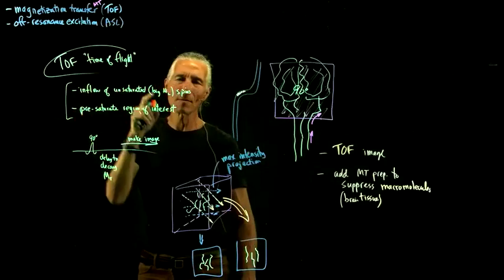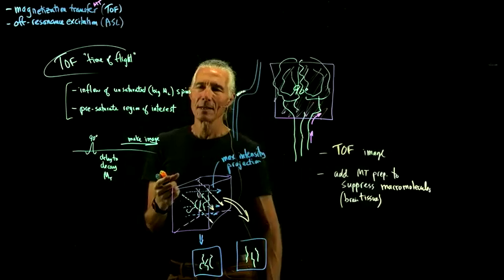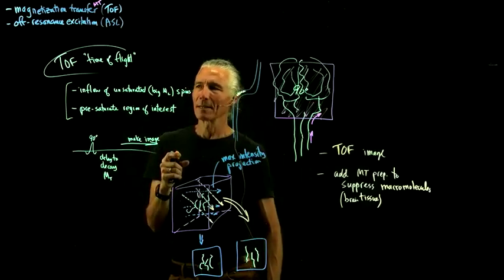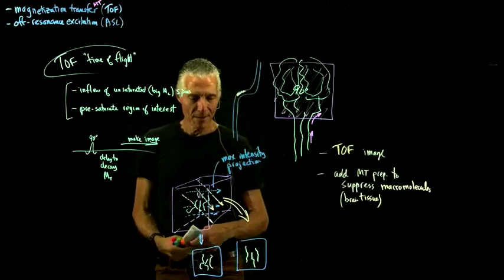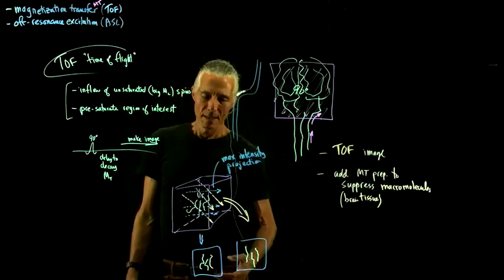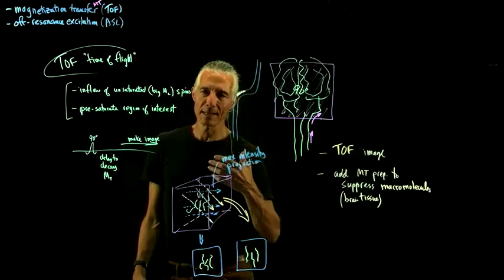And we'll talk more about time of flight-like scans when we talk about perfusion or arterial spin labeling. In this case, what we're doing is we're just letting some spins that weren't saturated flow into our slice to give us some contrast.